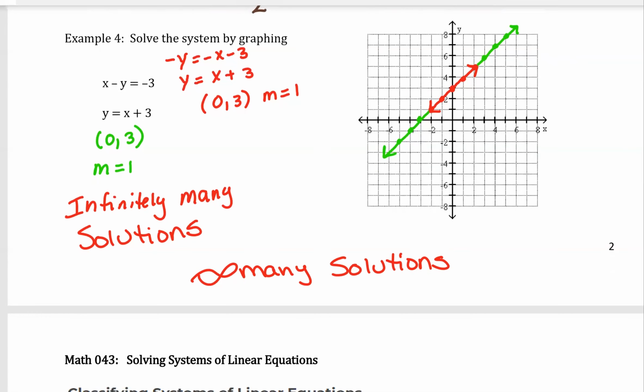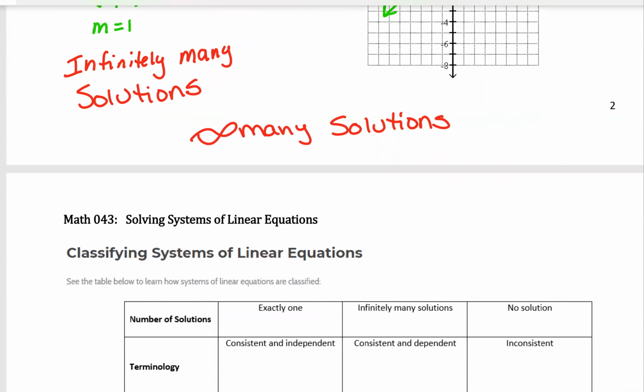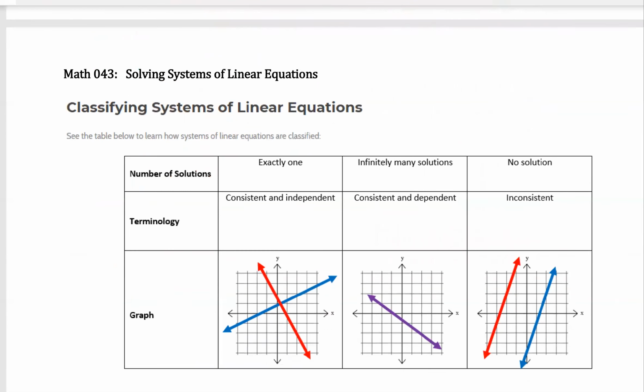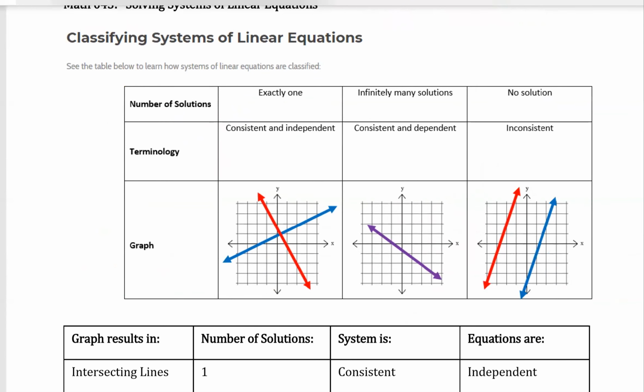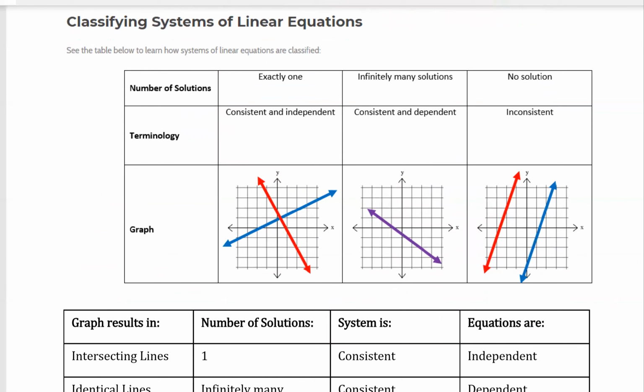So there is some vocabulary that you need to know. And it's how we classify systems of linear equations. So we say a system is consistent if it has a solution. So in the first column here, we have one solution. And exactly one solution we describe as consistent and independent.